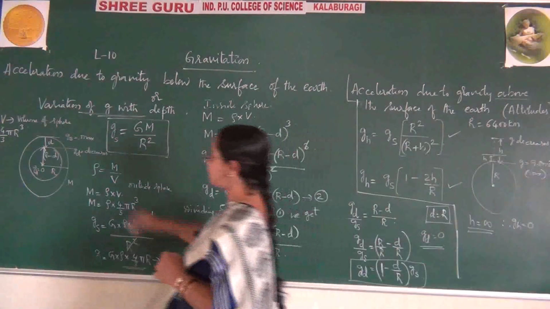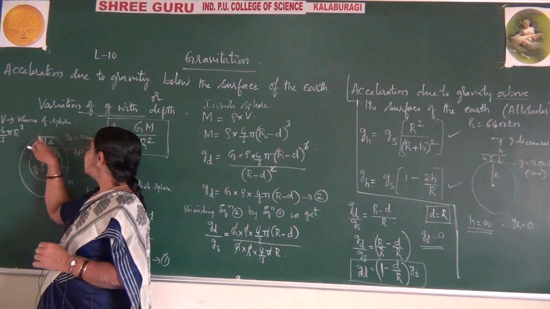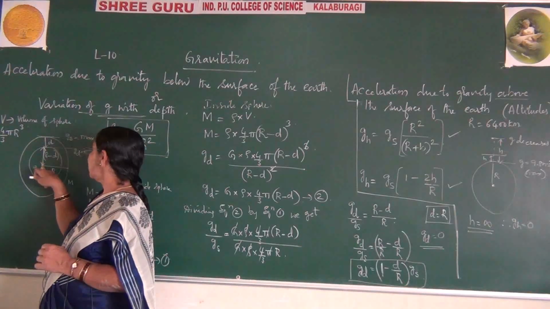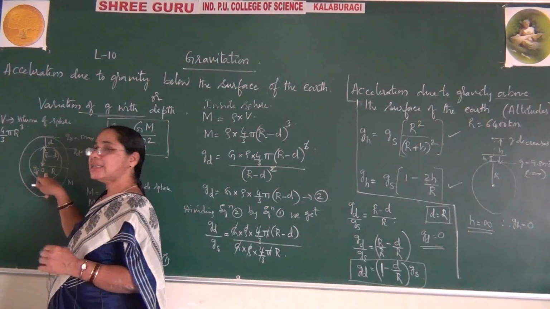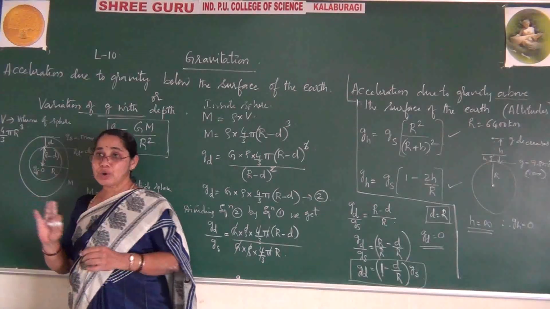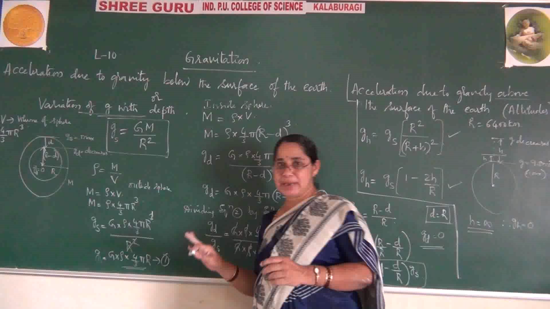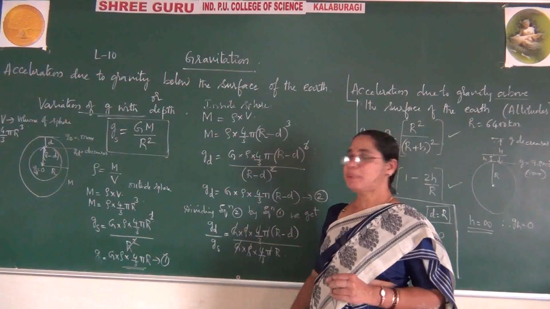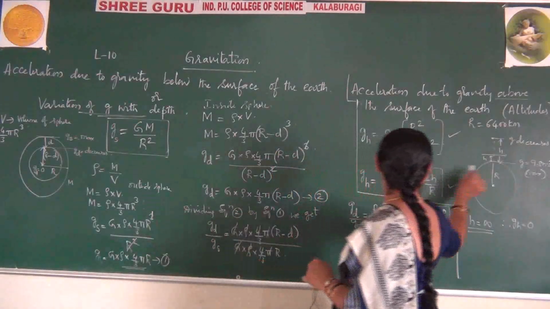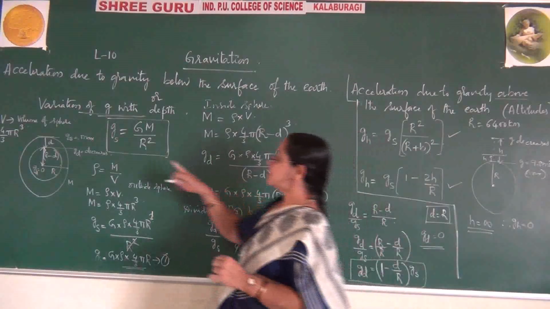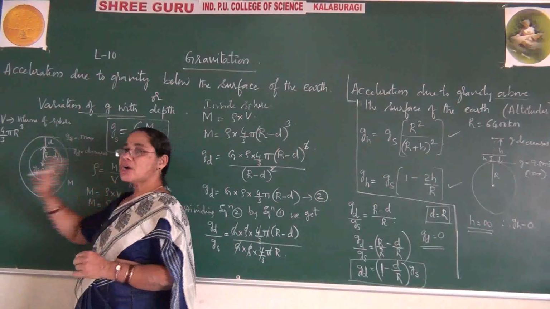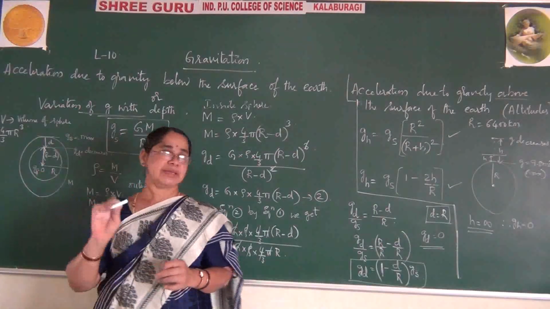Similarly, if an object goes down, g goes on decreasing, and finally when it reaches the center of the earth, it becomes 0. So now we are aware that g will never remain the same. It varies from place to place. By looking at this condition, you know g is not constant. g varies from place to place.